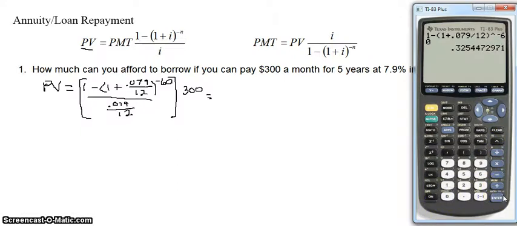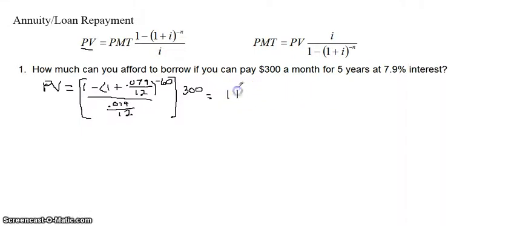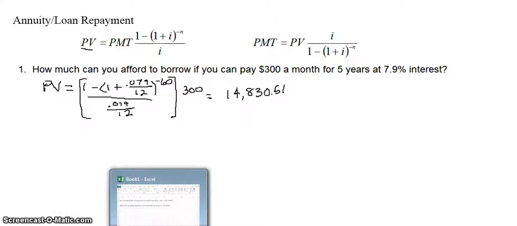I would hit enter, and then divide by parentheses 0.079 over 12, and then multiply that by 300. And when you do that, you get $14,830.51. That's our answer.